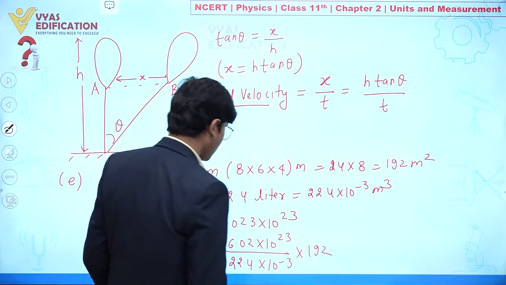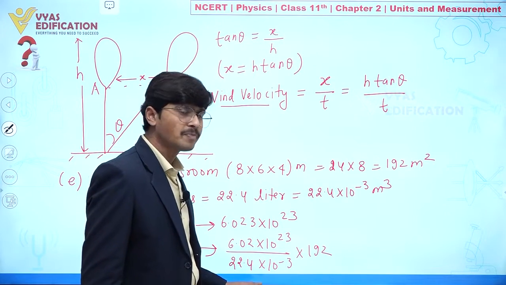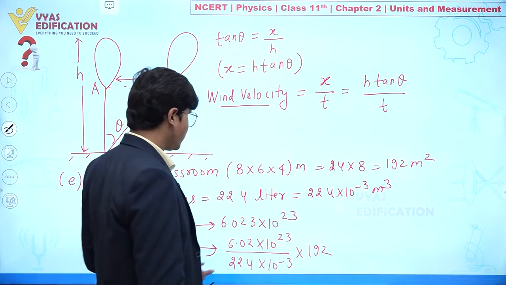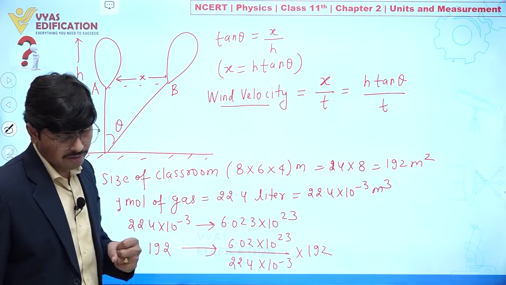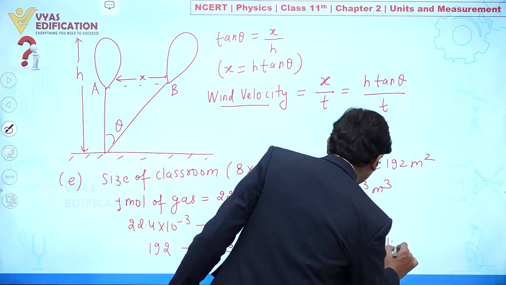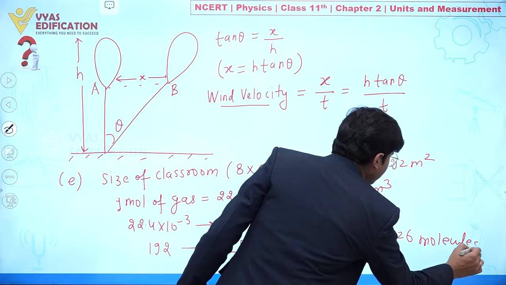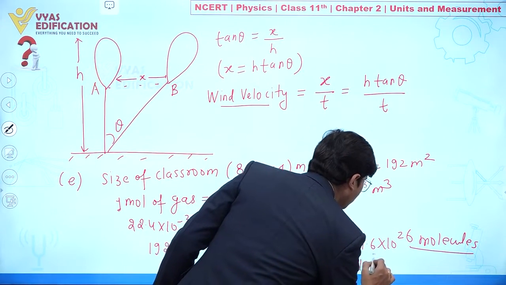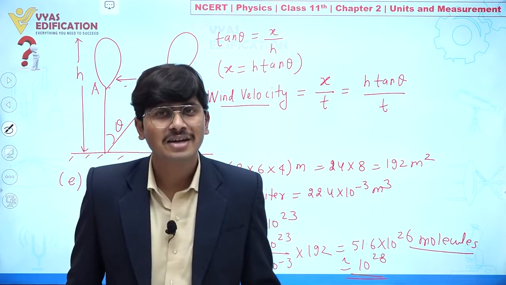If you calculate, you will find this is equal to 51.6 into 10 to the power 26 molecules. So we can say near about 10 to the power 28 air molecules we have in our classroom.